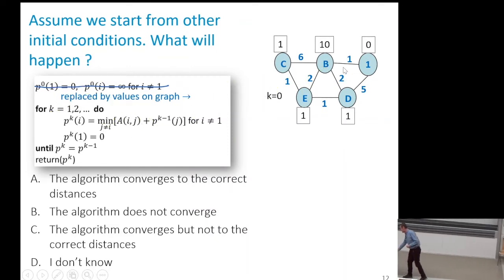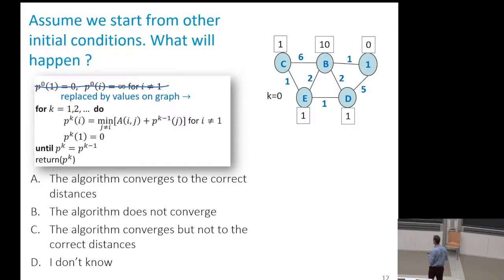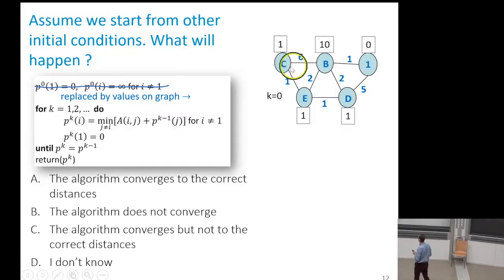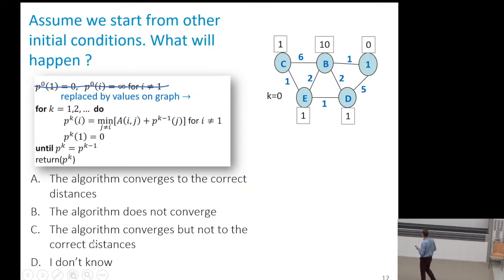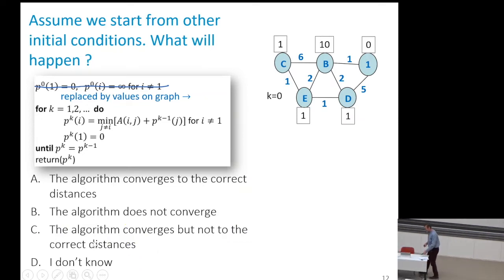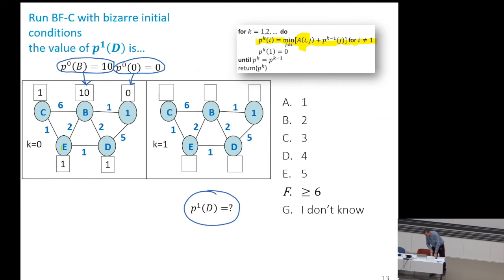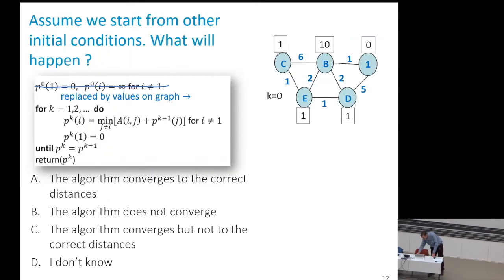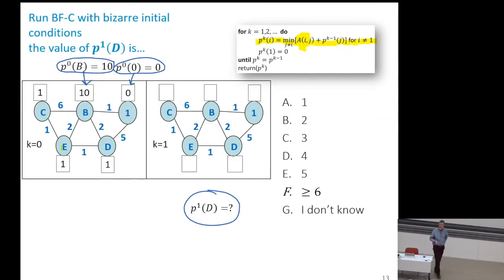What is your best guess? What will happen? And then the majority, overwhelming majority, says C. The algorithm converges, but not to the correct distances. Well, I will not give you the solution now. Let's continue and see what happens. Let's do it, at least on this example here.